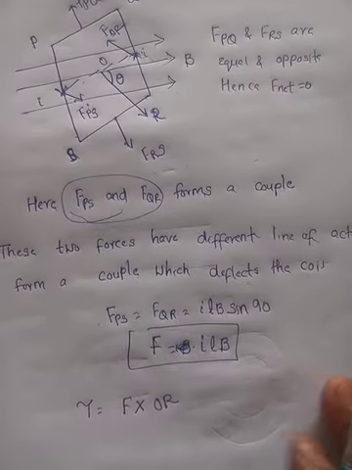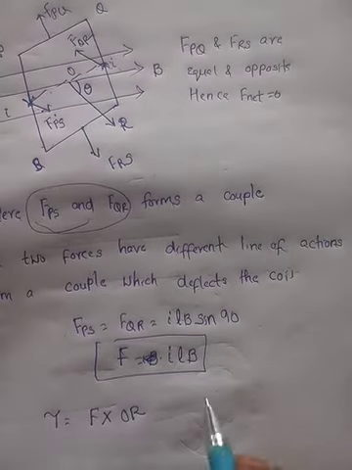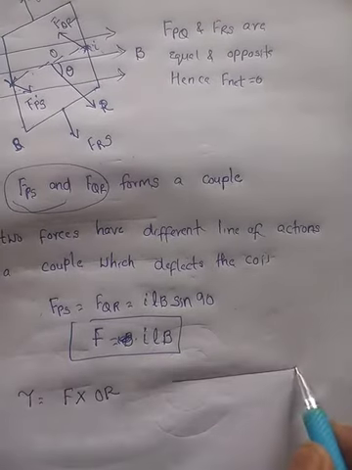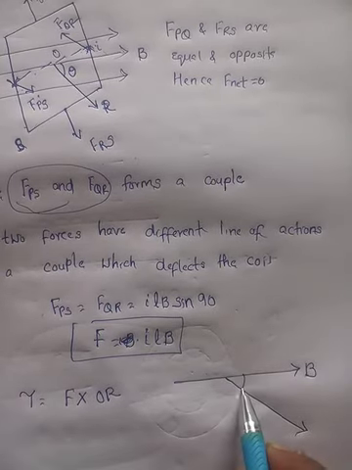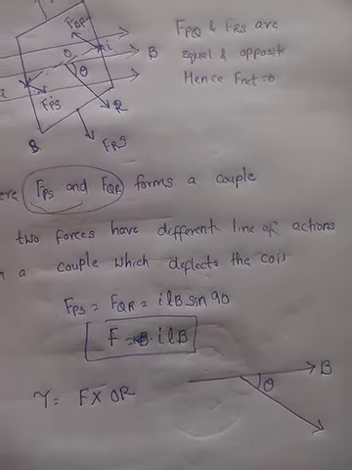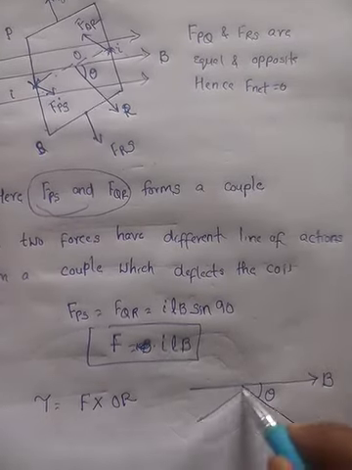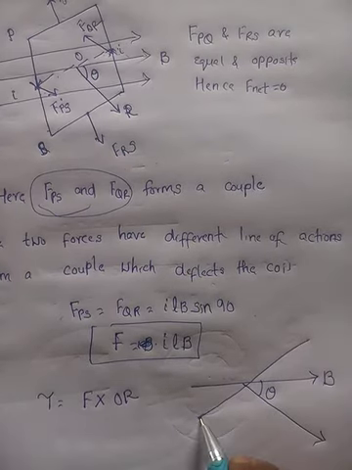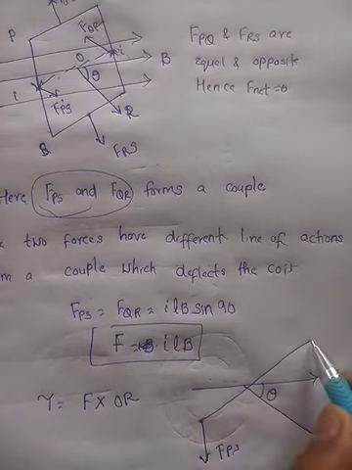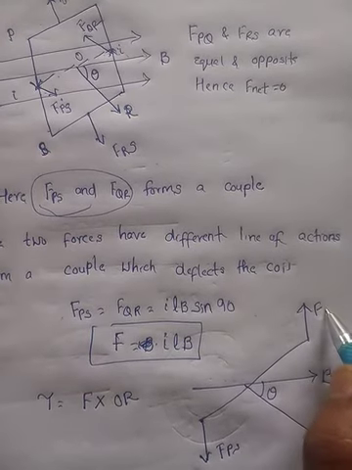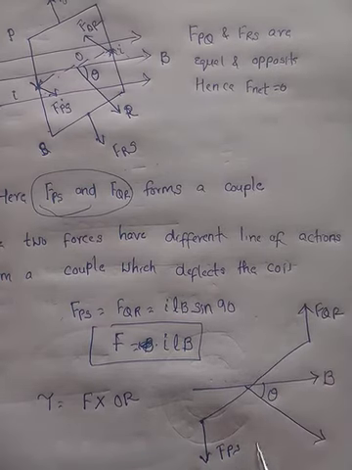Now we have to calculate OR. So I have taken this separate diagram here. This is the magnetic field, this is the normal drawn, the normal is making angle theta, and two forces are acting. One force FPS is acting in this direction, and the other force FQR is acting in this direction.